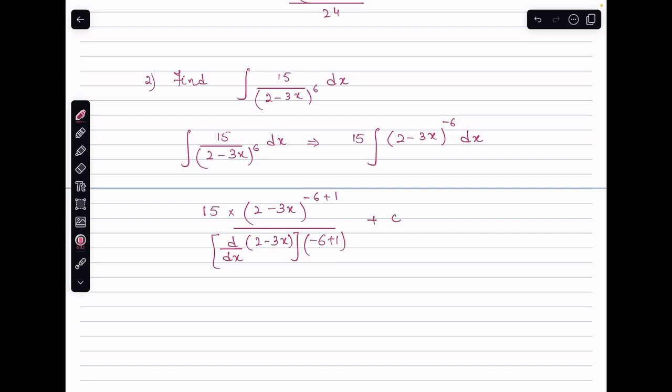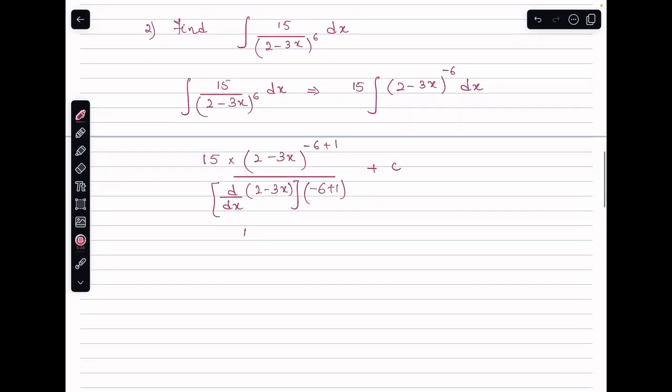So in this case my answer is going to be 15 times (2 minus 3x) to the power negative 5, divided by, now the differential of 2 minus 3x is just going to be negative 3. The differential of 2, the constant, gets eliminated. Negative 3x gives me negative 3, and this is multiplied by negative 5, and then it should be a positive c here.